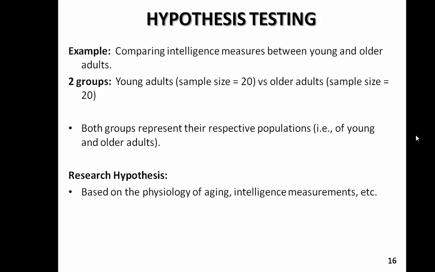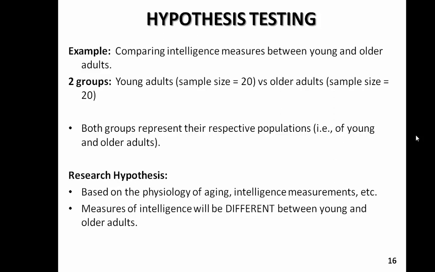These are just some examples of elements that would lead a researcher to hypothesize what the outcome of the study might be. A statement of the research hypothesis might be: measures of intelligence will be different between young and older adults, based upon an understanding of the effects of aging on intelligence.